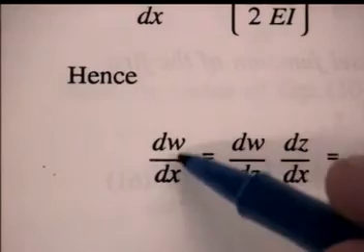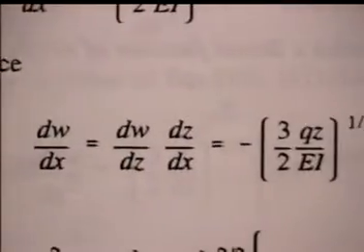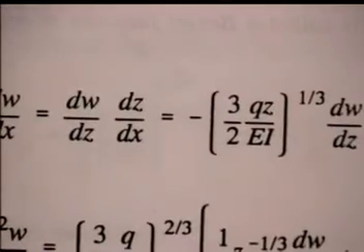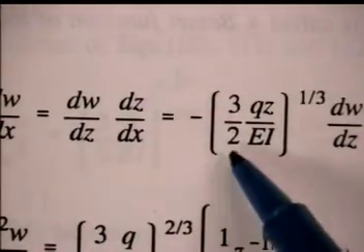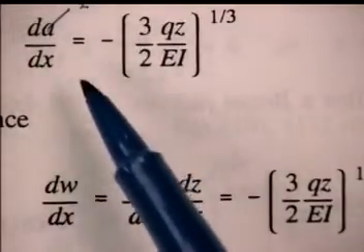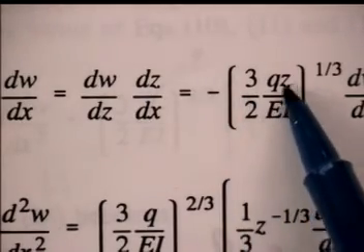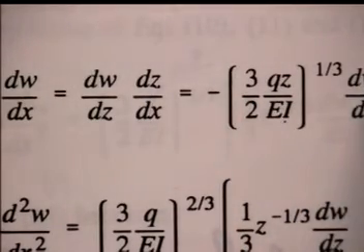So I'm writing dw dx equals dw dz times dz dx. But dz dx we just evaluated. That was this dz dx. So therefore, I'm getting minus 3/2 qz over EI in power 1/3 times dw dz.